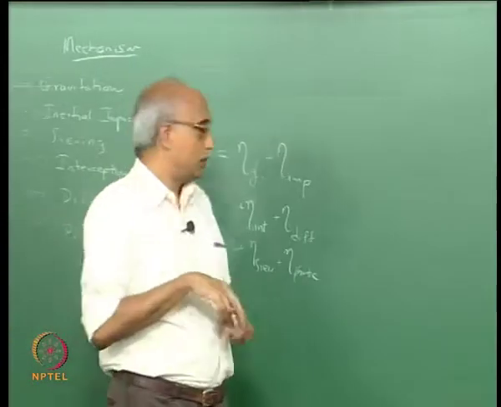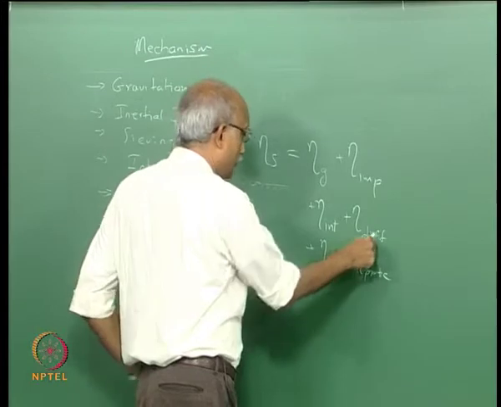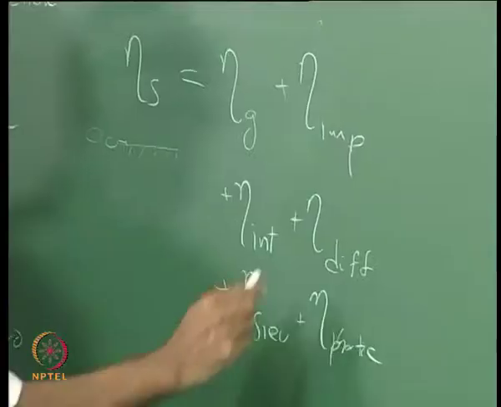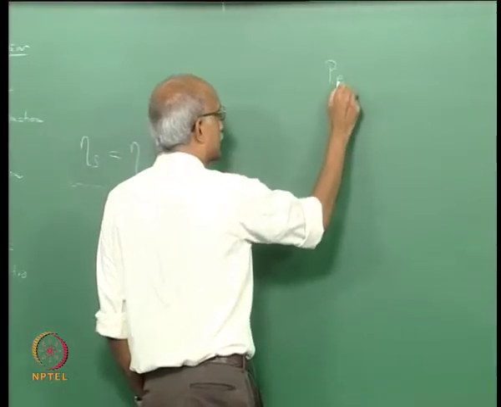Now, as we have seen before, many of these mechanisms, gravitation, impaction, diffusion, phoresis, can all be represented in terms of Peclet numbers.